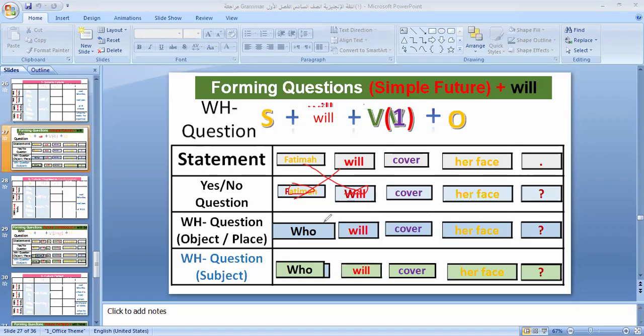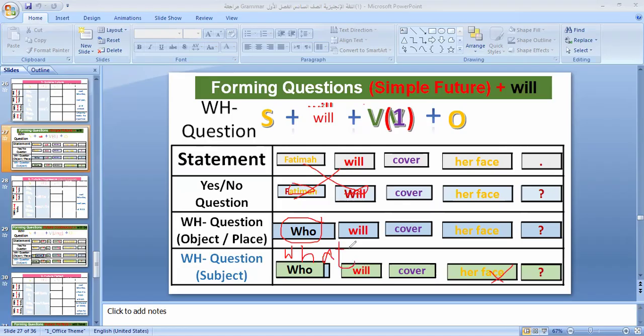WH question. Here I ask about the person who will cover the face. So when I ask about the face, I say what. It will be: What will Fatima cover? And I omit face here, when I replace who by what. Okay, this is the difference.